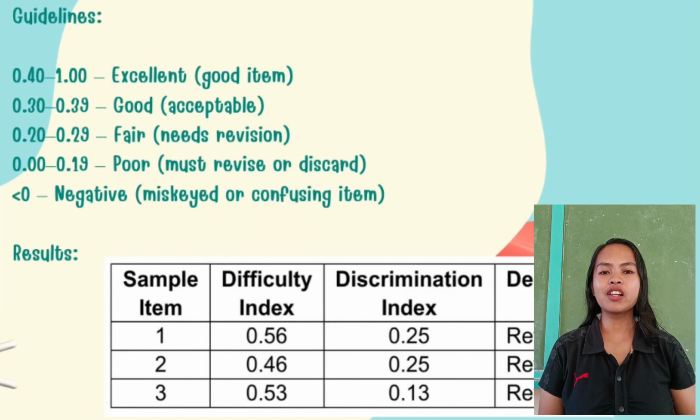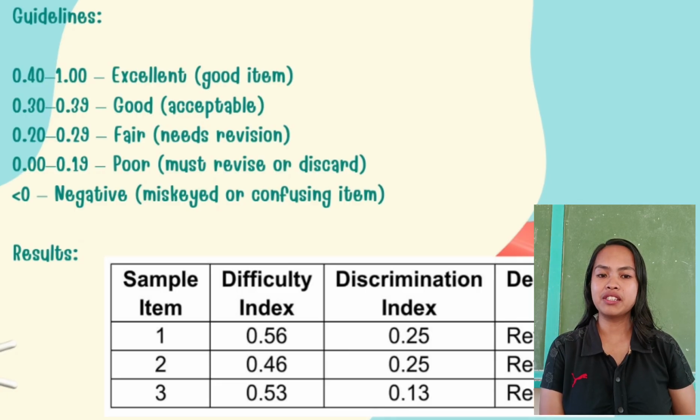Now, we're done calculating the difficulty index and discrimination index. We'll see if the items will be revised or retained. So, on the presentation, item number 1 has a 0.56 difficulty index and the discrimination index is 0.25.